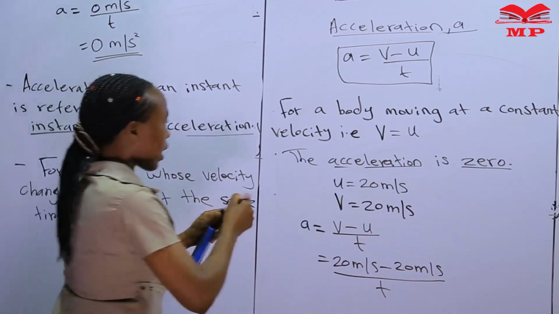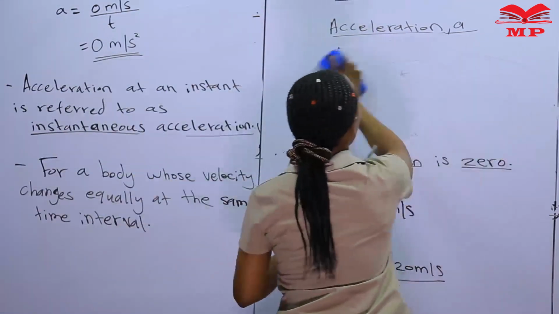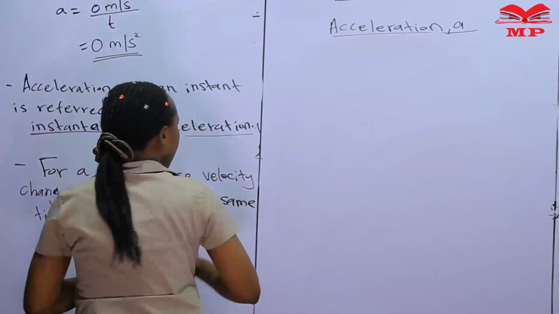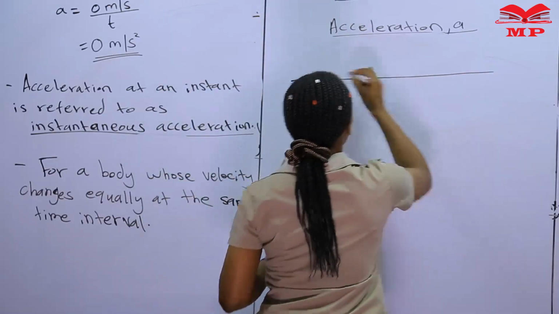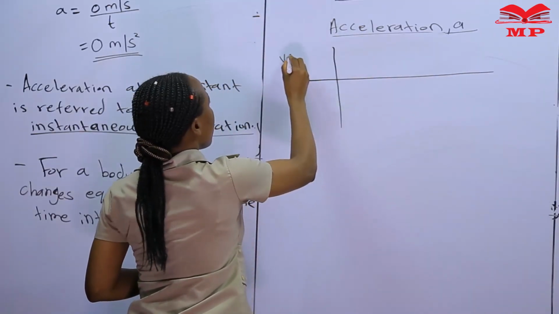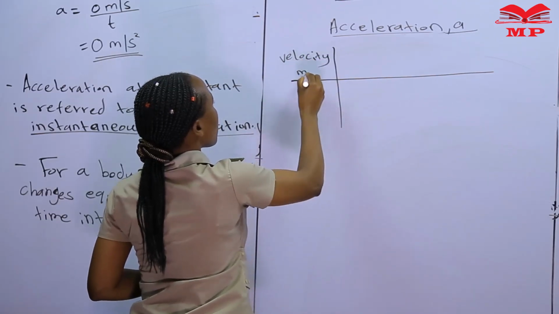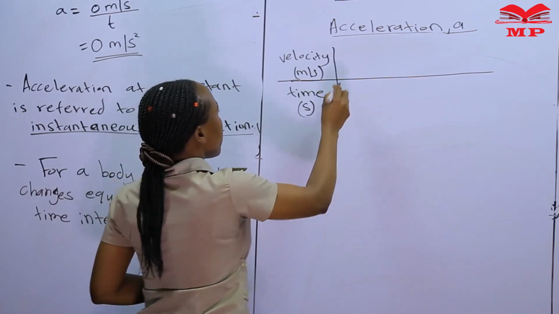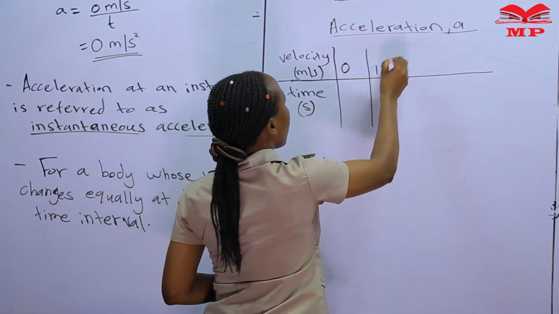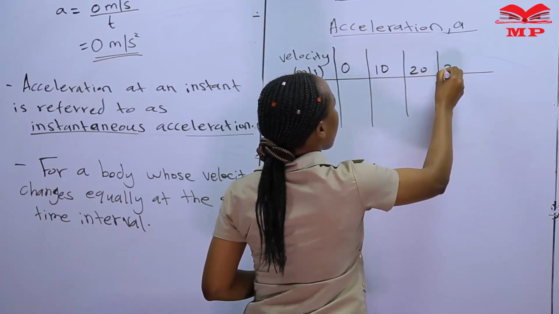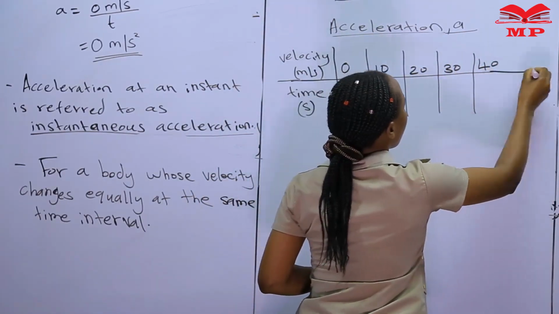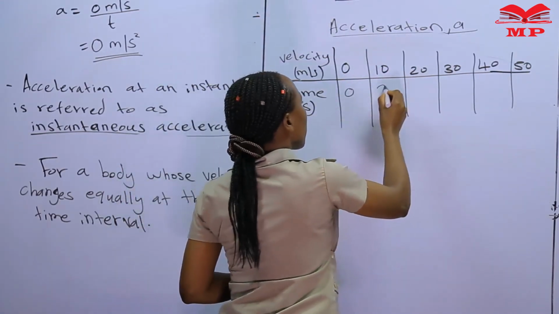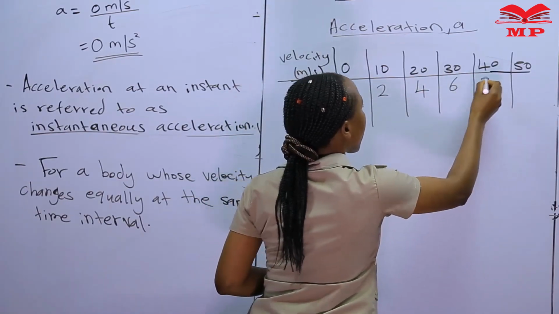For example, maybe I can give an example of a table whereby we have velocity and time. Here we have velocity in meters per second, and here we have time in seconds. Let's say we have velocity 0, 10, 20, 30, 40, even up to 50 meters per second, and the time goes 0, 2, 4, 6, 8, 10.